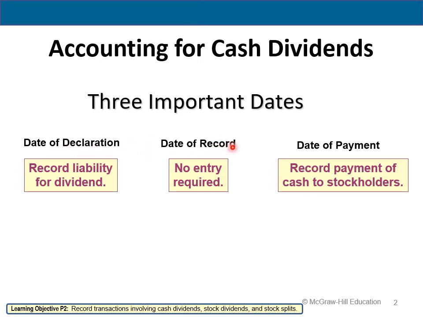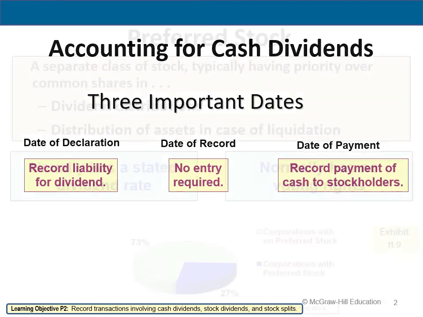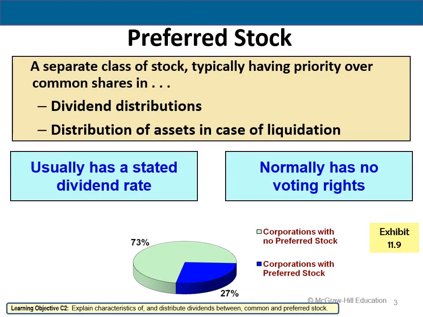And whoever purchased my shares would not get that dividend until the next dividend was declared sometime in the future. All right. And the date of payment is when the checks are actually sent to the stockholders. All right. So we'll journalize dividends, and we'll see the significance of these three dates. All right. And that's really the abstract part of dividends.